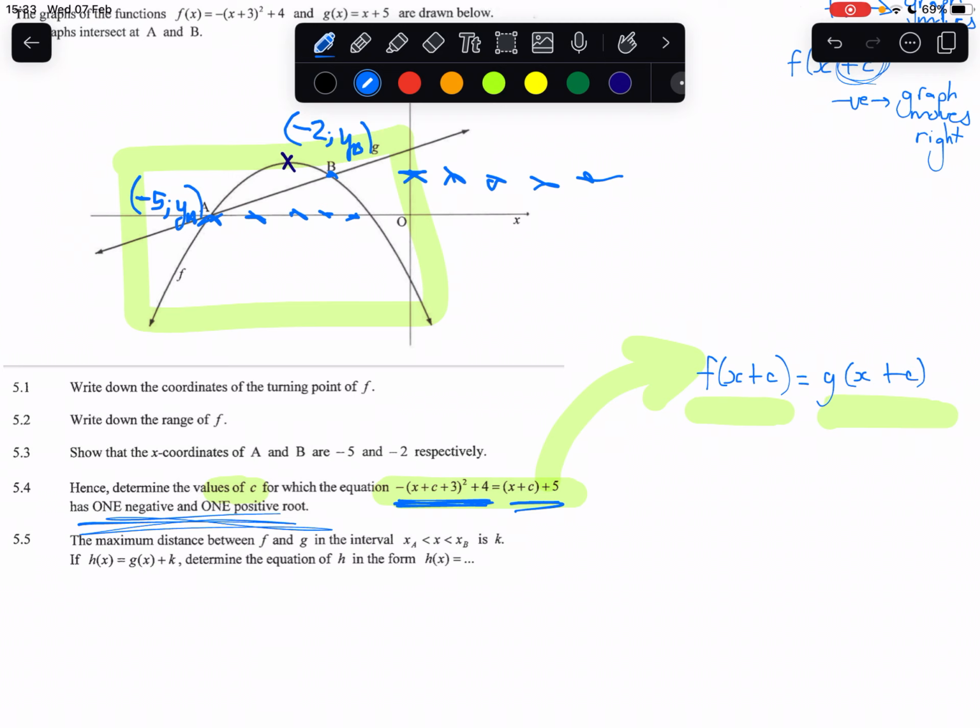But if we just keep moving them indefinitely to the right, there's going to come a point where the parabola is over here and the straight line is over here, terrible diagram, and the x-coordinate of A will also now be positive, right? Which is not what we want. We want A to have a negative x-coordinate and B to have a positive x-coordinate. So there's a closed range. It's not an open-ended range for C, right?